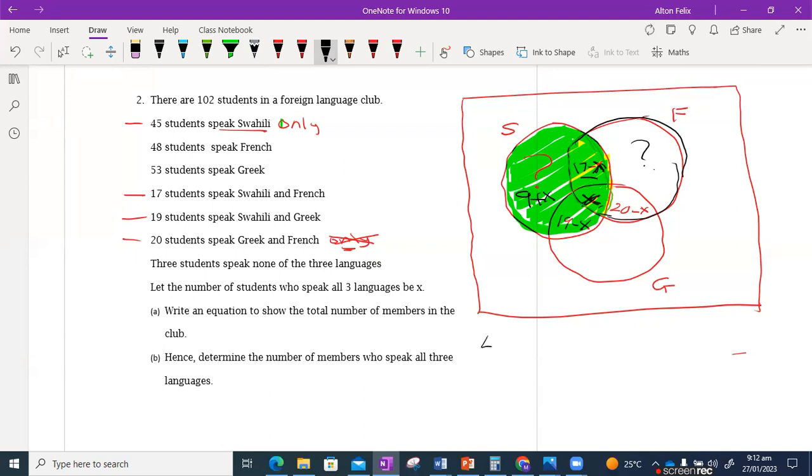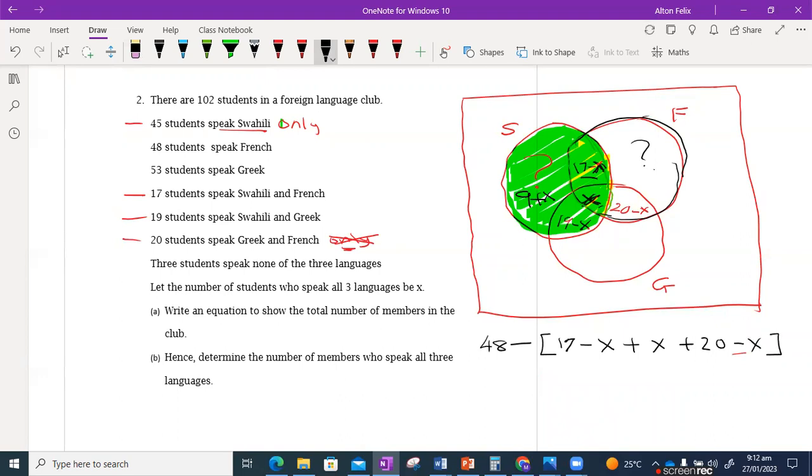It will be the 48 minus the three regions, which you must put in brackets because, as we saw just now, signs may change. So it's minus the sum of 17 minus X plus X plus 20 minus X.